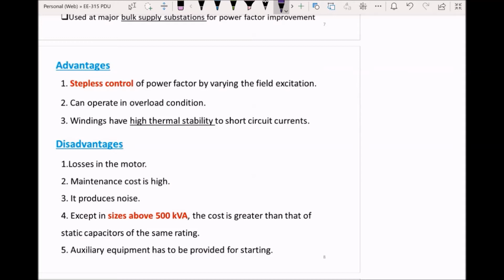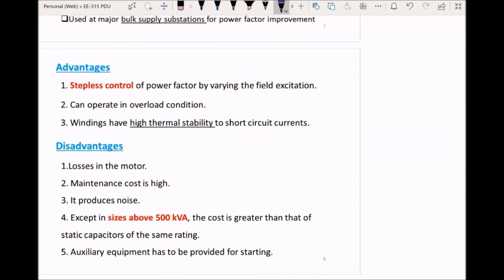It is also more expensive than static capacitors for power rating less than 500 kilovolt ampere. And the next is that the synchronous motors are not self-starting, so some auxiliary equipment will be needed for that, and that will definitely increase the cost.